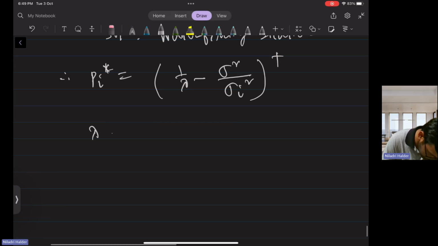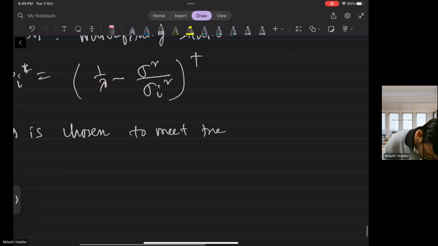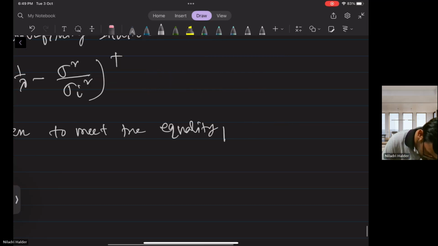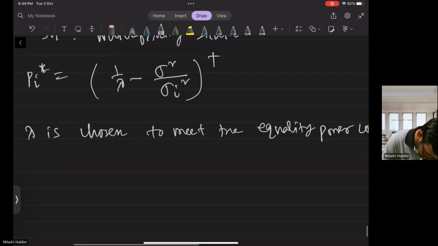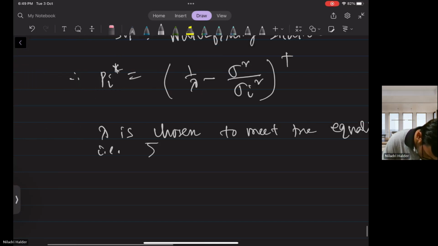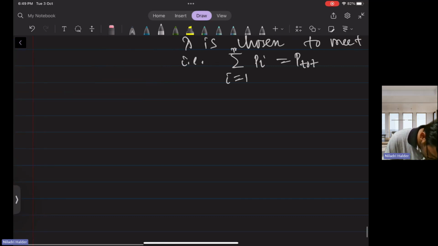So 1 by lambda is chosen such that the sum of Pi for I equal to 1 to r is equal to P total. Okay, so we can solve a problem.